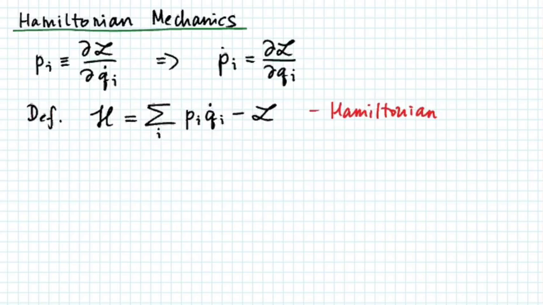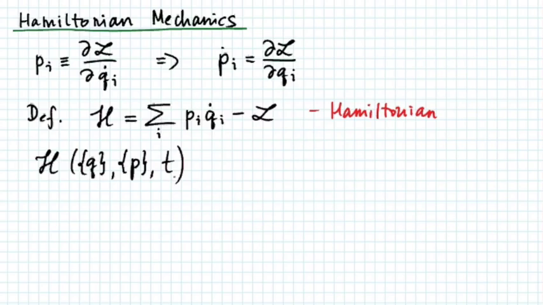Now, Hamiltonian is always expressed in terms of generalized positions, generalized momenta, and time, as opposed to Lagrangian, which is expressed in terms of generalized coordinates, generalized velocities, and time.